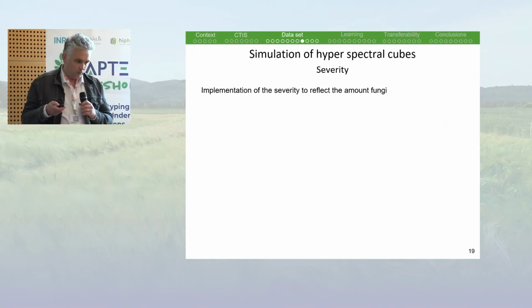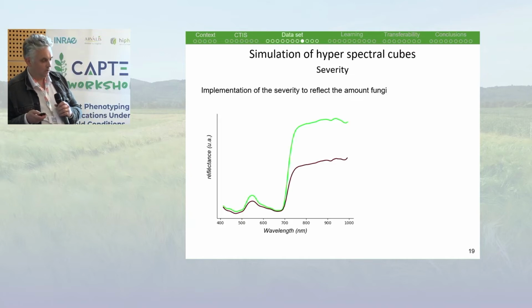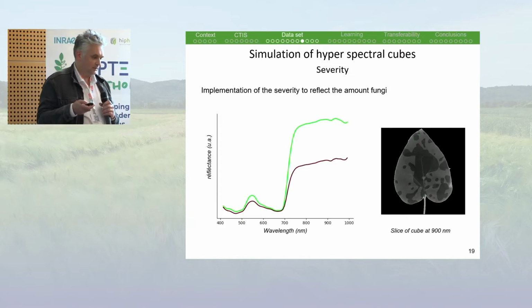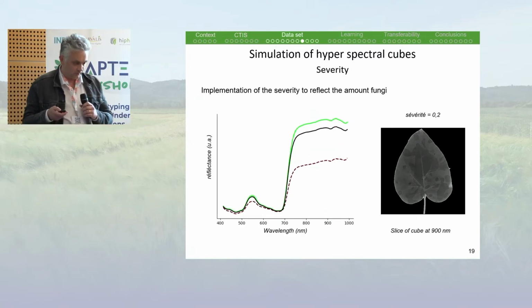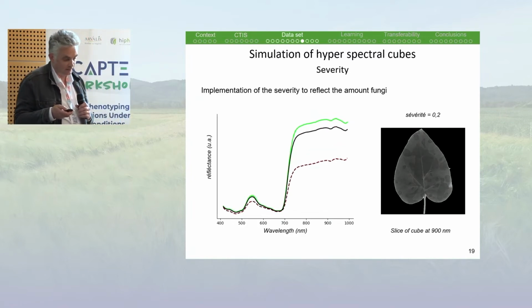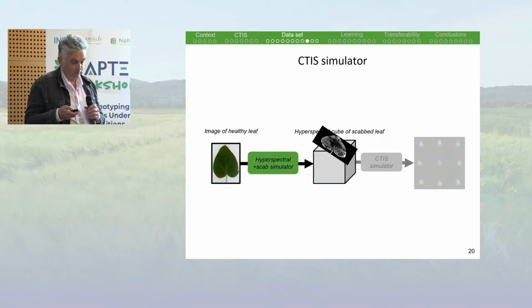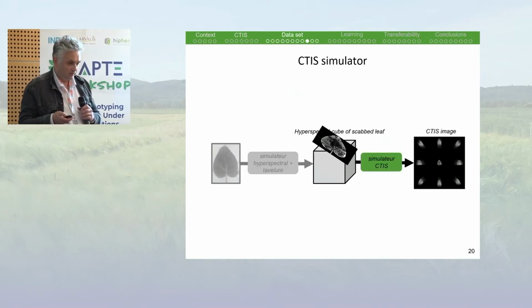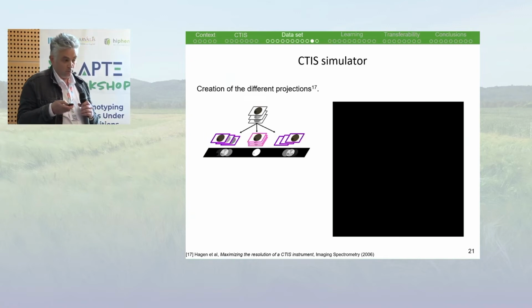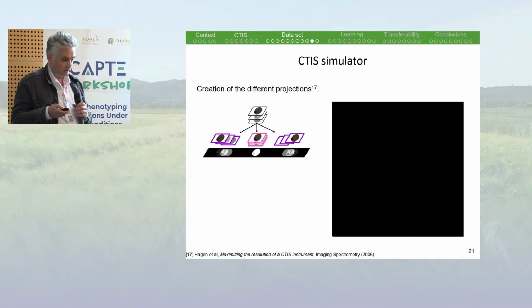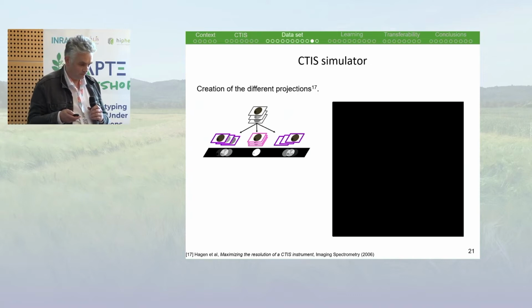And to add a bit more realism, we simulated a kind of severity of the amount of fungus between a healthy one and a scabbed one, which is realistic because the fungus acts like an optical filter somehow. Concerning the CTIS simulator itself, basically we mimic the way the diffraction grating works this way.